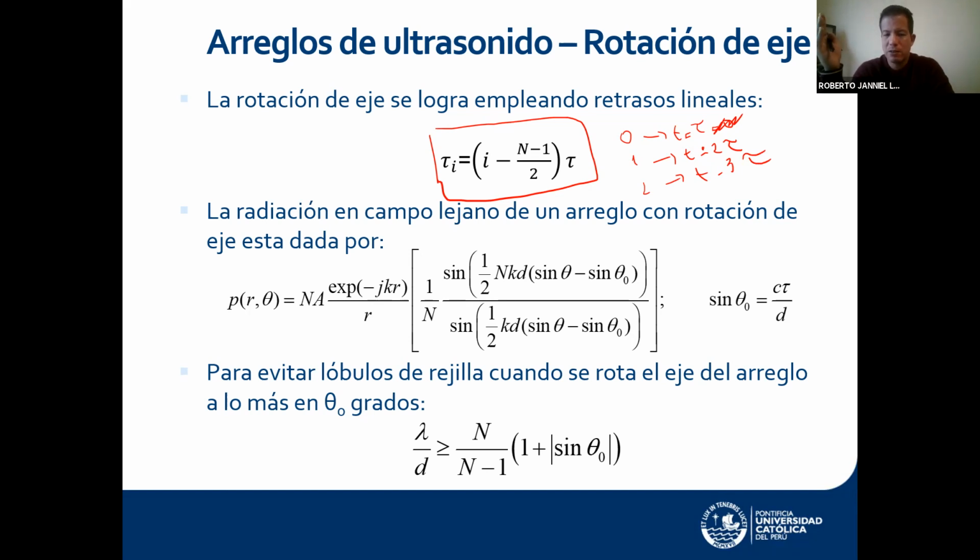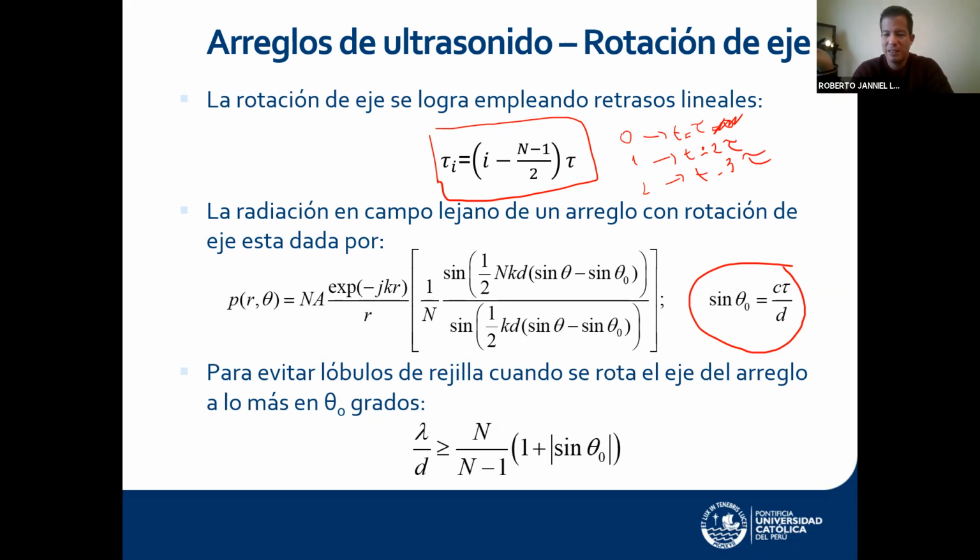If you do that, with some time constant tau, then you would be rotating the axis of the transducer by an amount of degrees that satisfies sine of theta naught equals c, the sound speed, times tau, the rate at which you are increasing the delays, divided by d, the separation between adjacent elements. C times tau becomes a distance of sorts.